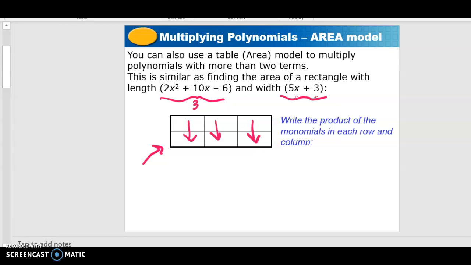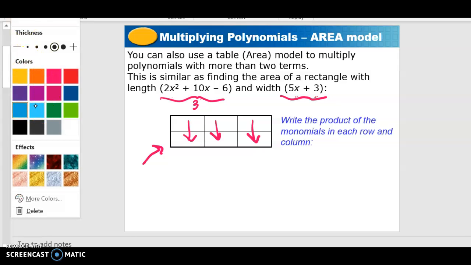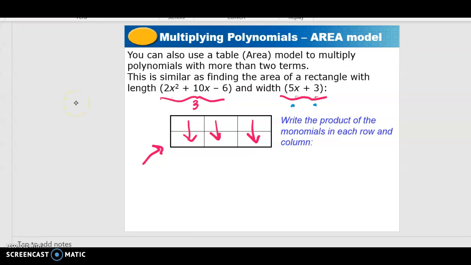If this is a binomial with 2 terms, then you need 2 boxes here. So this is going to create a table that has 6 squares. One thing that helps is you can know how many squares you're going to get because you take the number of terms and multiply them, and you get 6 squares. So I'm going to create this table.